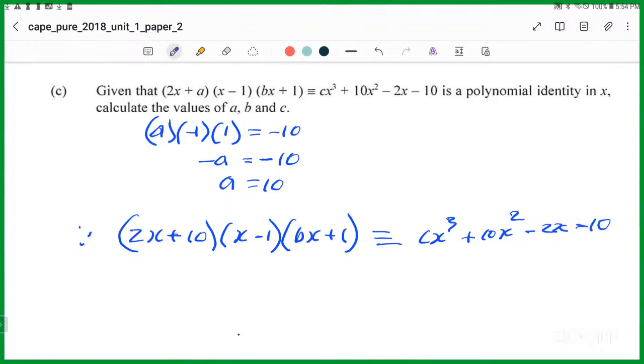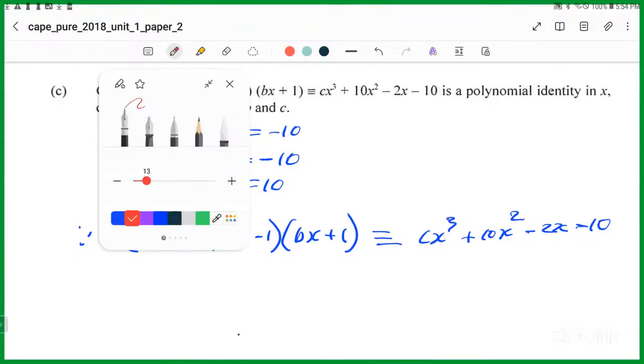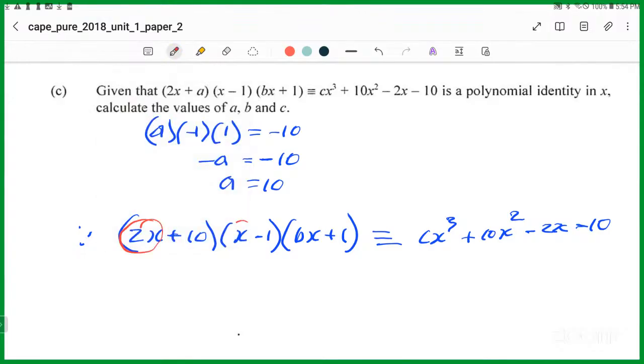We dealt with the 10 already. We can establish a relationship now, as we said. This times this times this equals that.